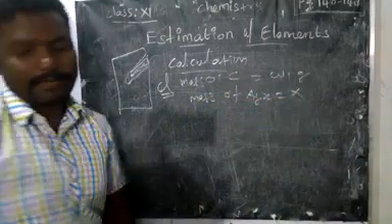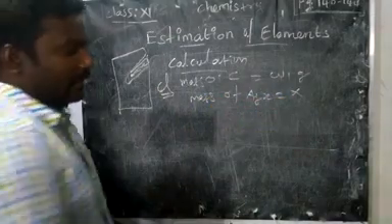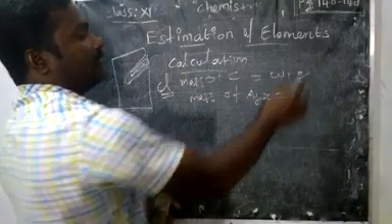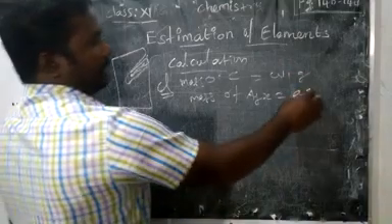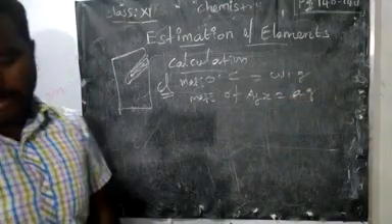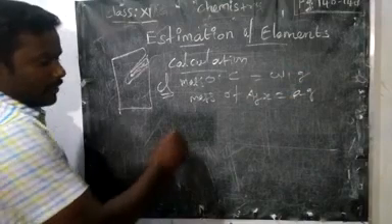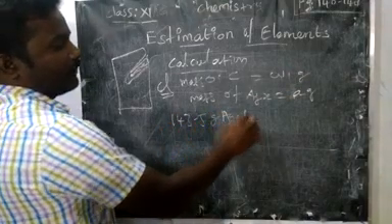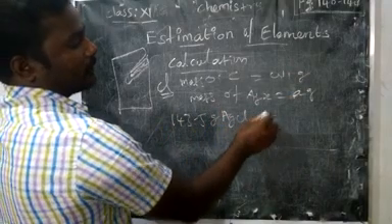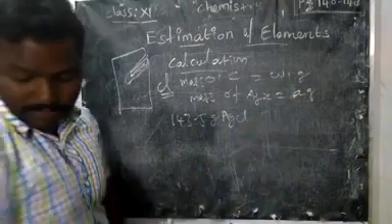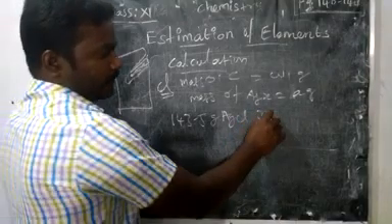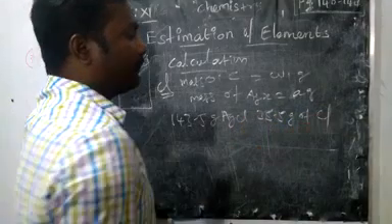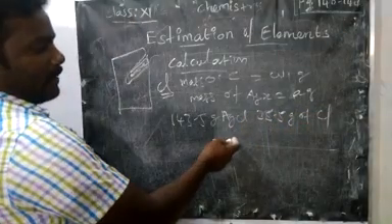Here we will use chlorine, bromine, iodine, so we can take A gram for chlorine, right? Then what is the molecular mass of silver chloride? 143.5 gram of silver chloride will give, what is the weight of chlorine? 35.5 gram of chlorine. Then you apply the formula.